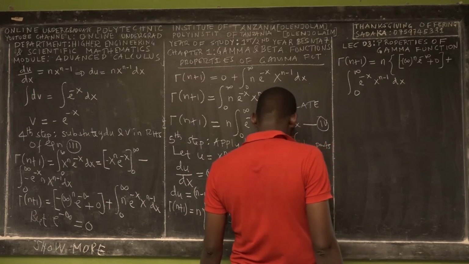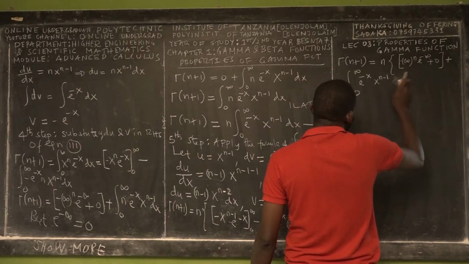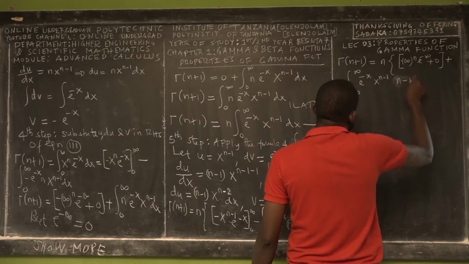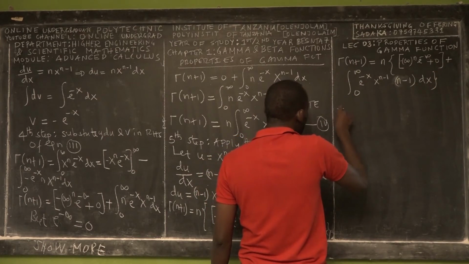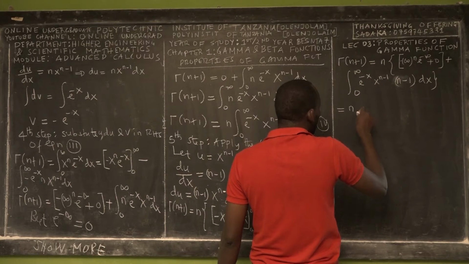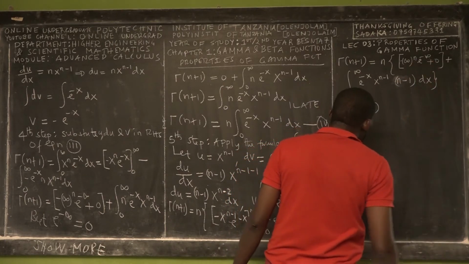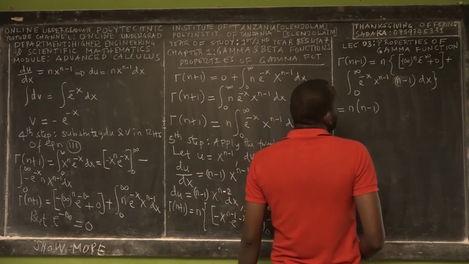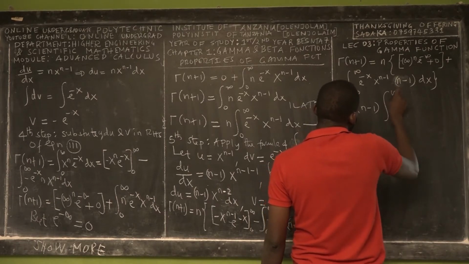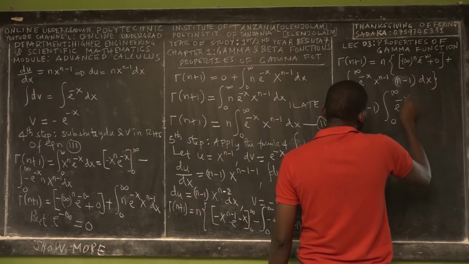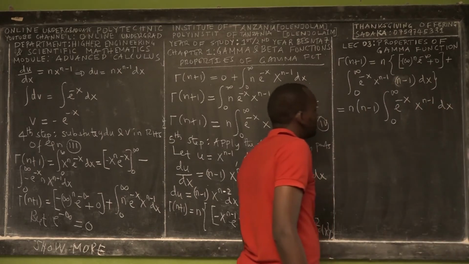But here we have n minus 1 dx. So simply this is equal to n, and then n minus 1 is common. We take it out of the integral because e power negative infinity is 0. So we have the integral from 0 to infinity, e power negative x, x power n minus 2 dx.